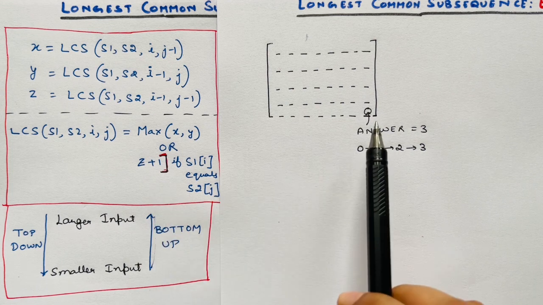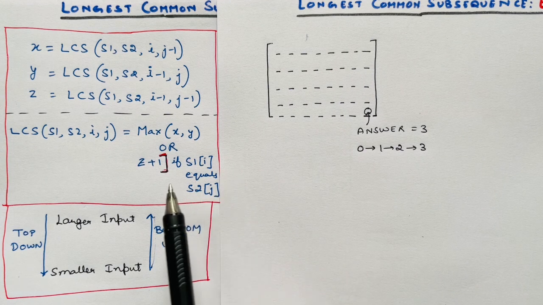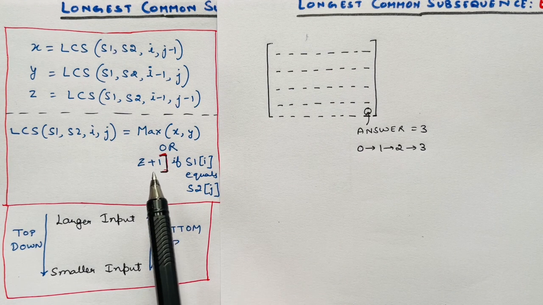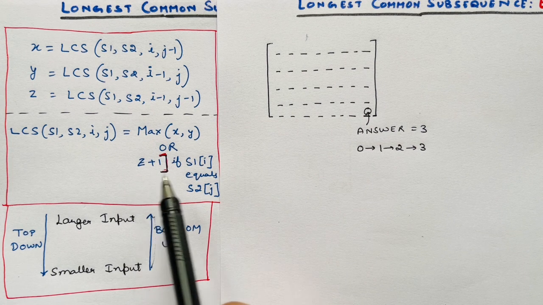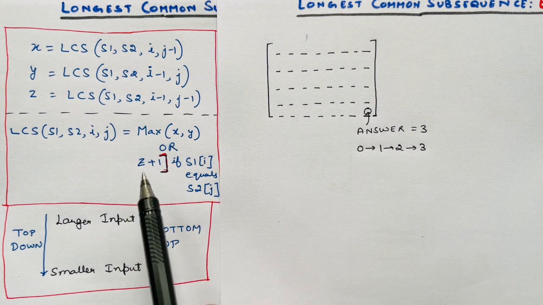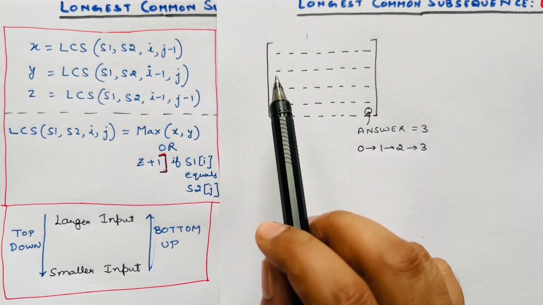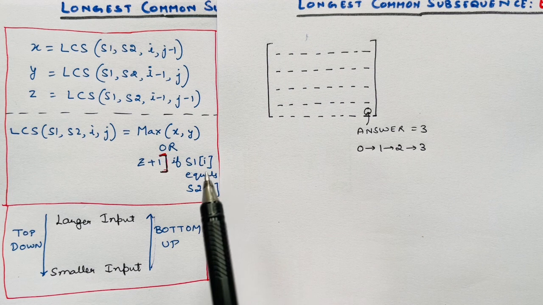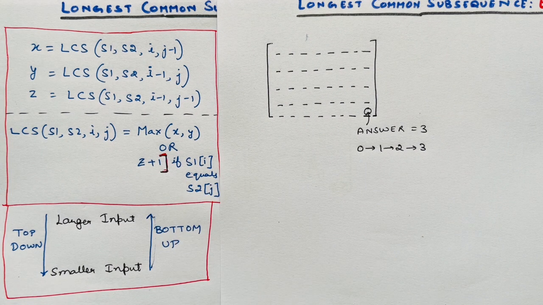So if we backtrack our answer from here till here and figure out where all we increased the length because of this condition, we can find the characters that were part of the longest common subsequence. And Z, we know, is the diagonal element, because x and y are the top and the left elements. So we start from here, we backtrack, and we figure out in which all places we have come via z. Then we will get our answer.